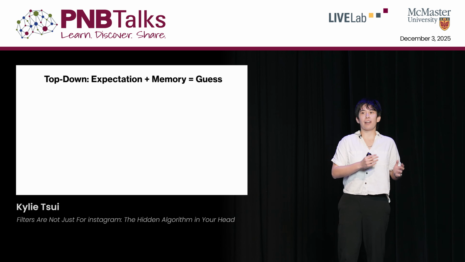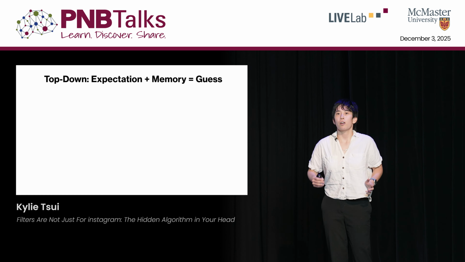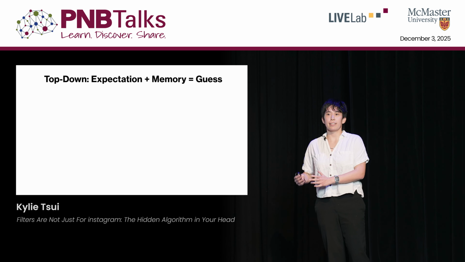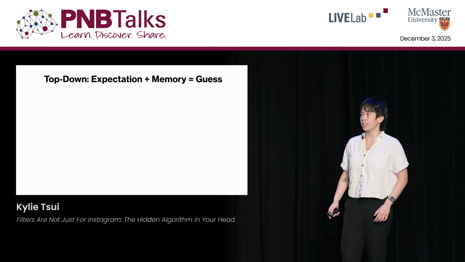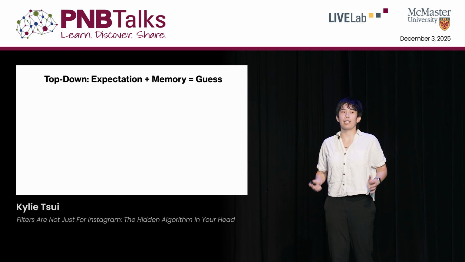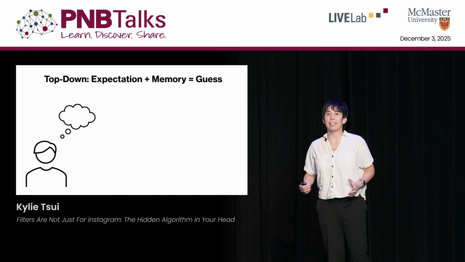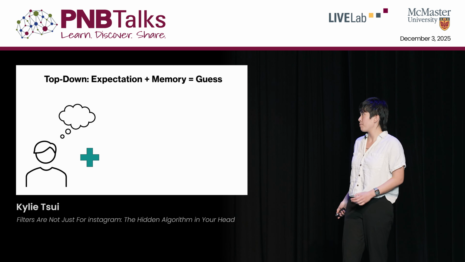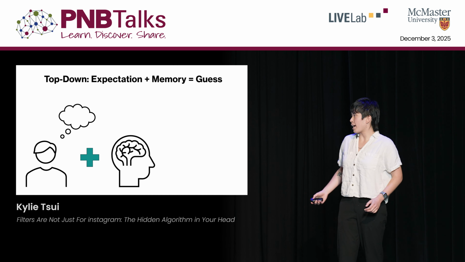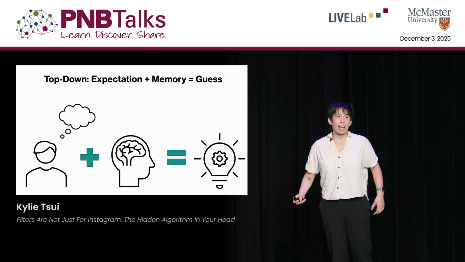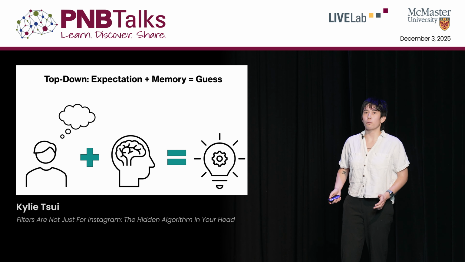And these sorts of expectations about what happened, your brain will use to predict how this situation will go this time. We can break that down into a nice simple formula. Our top-down processing is our expectations based on what happened last time. For that, we of course also need our memory, and that will give us our brain's best guess about what's happening.